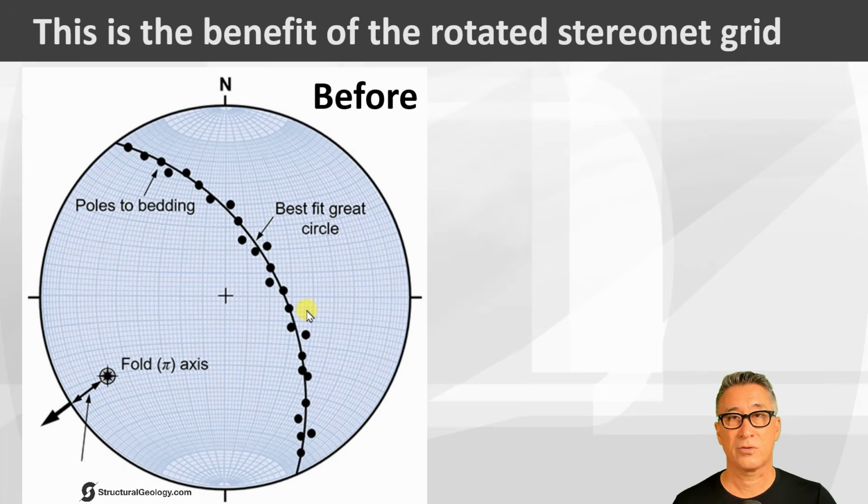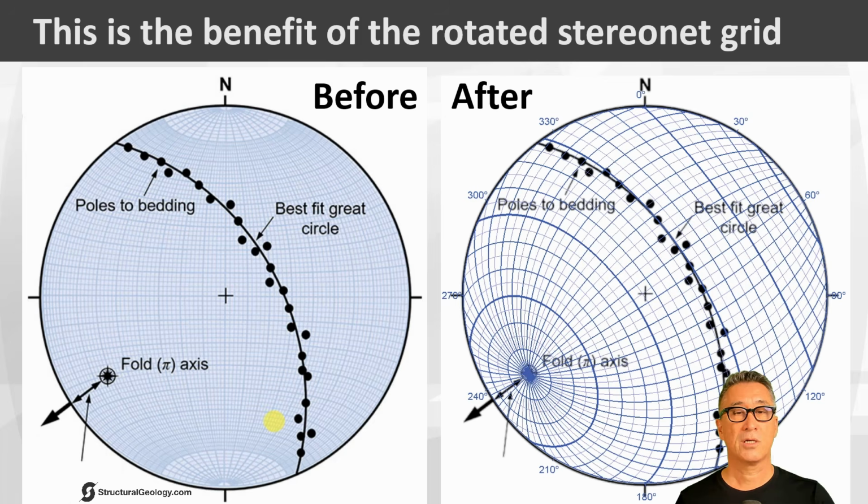It's about 30 degrees, but you can't really read off this grid. The grid is just decoration. So after I put my grid on, you can clearly read that this is 10, 20, about 24 degrees plunge, okay? And you can also see that the data doesn't quite follow along a great circle. That's probably a drawing error.